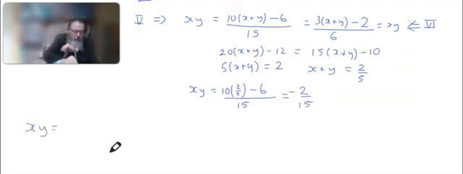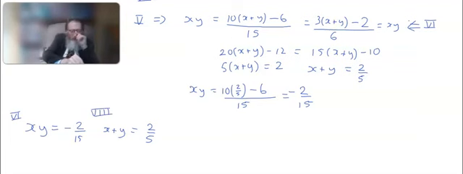So xy is minus 2/15 and x plus y is equal to 2/5. So I can call this equation number 7 and this equation number 8. And what I can do now is to put equation number 8 into number 7 and discover the possible values of x and y.